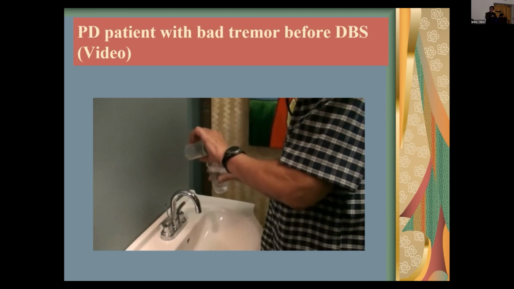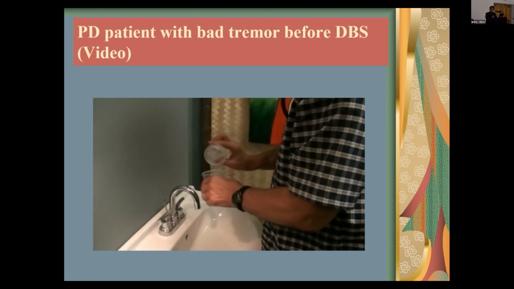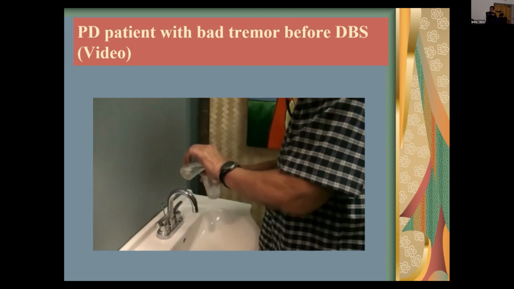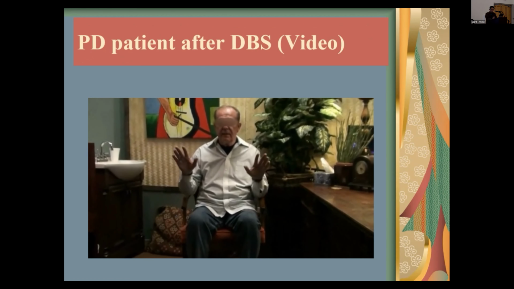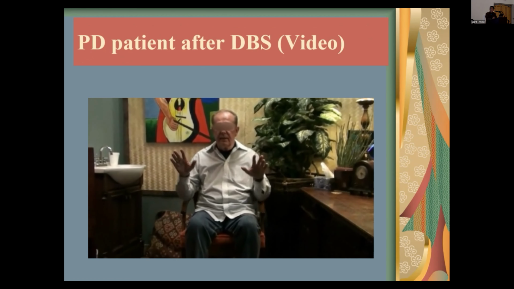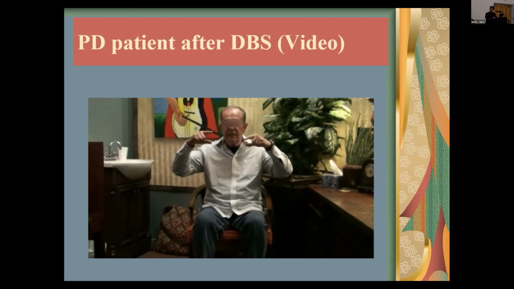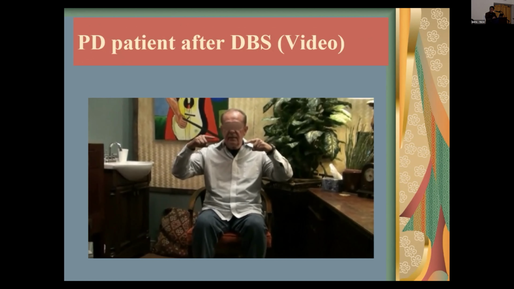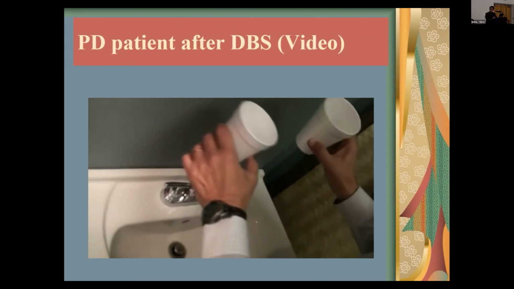So these are the type of patients that make it to deep brain stimulation sooner than later. I'm going to show you his video next, about a month after DBS. It's a remarkable improvement of tremor. And many of these patients with tremor predominant Parkinson's, we just discontinue all their medicines after DBS.